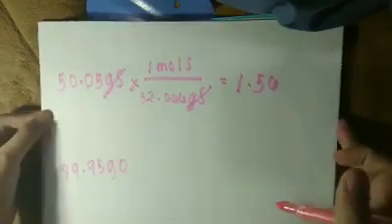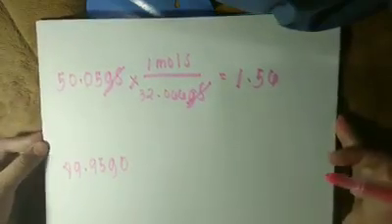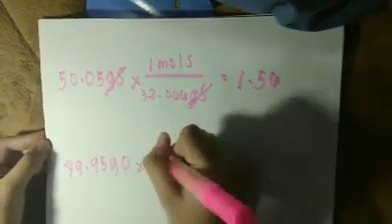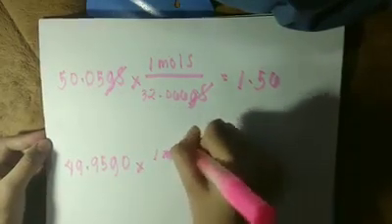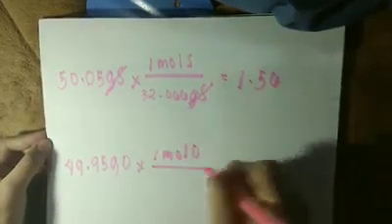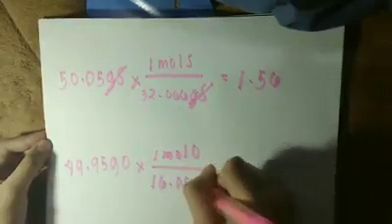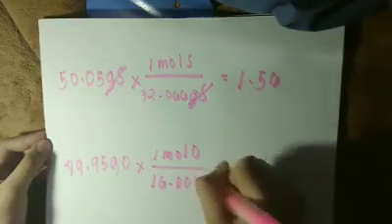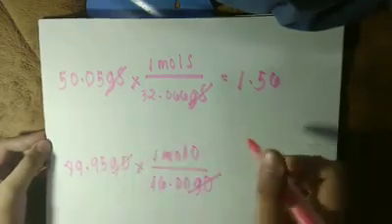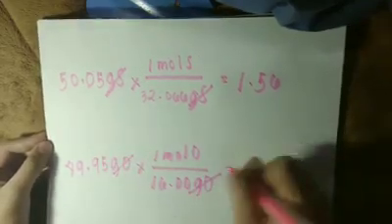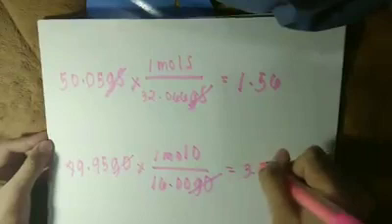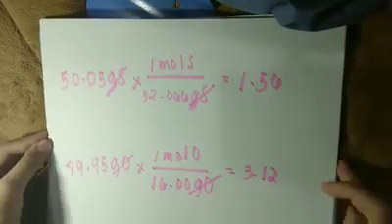1.56. Okay. For oxygen, we have 1 mole oxygen divided by 16.00 grams. Cancel out, is equals to 3.12.